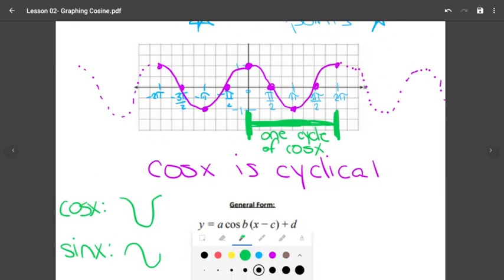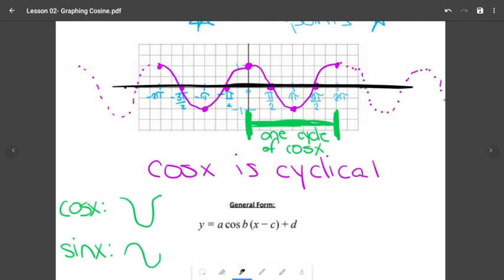Notice the midline for cosine is right here. Remember, midline means that you need an equal amount of the graph above as you have below. We're always going to start our graphs on the y-axis. So if you notice, cosine does not start on the midline.